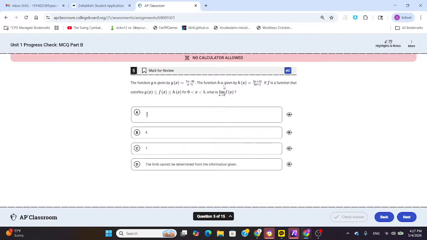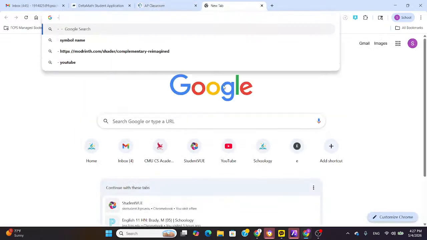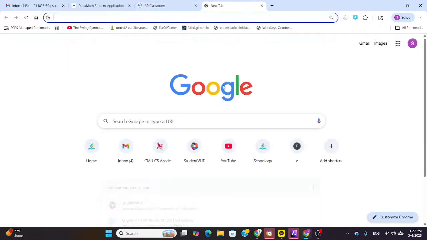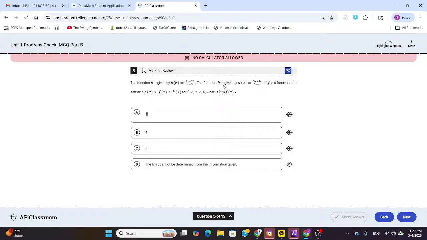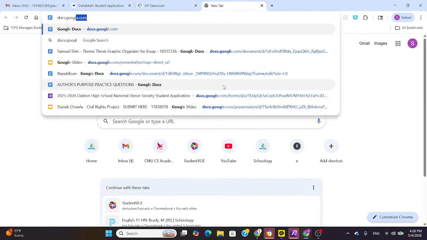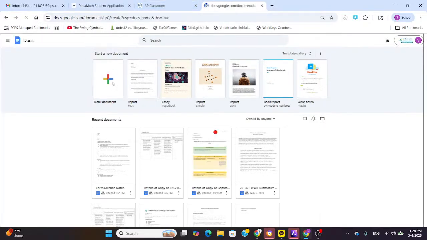So let me just put it in my head. 14 minus 26 over negative 3. Negative 12 over negative 3 is 4, so g of x is 4. Hold up, let me get a Google Doc actually. The answer was 4 for the last one, right?